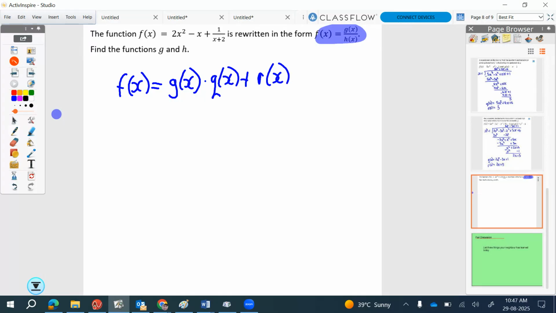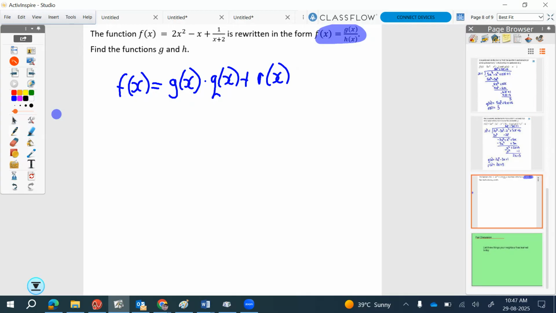This was our formula. Now this formula doesn't look like this expression up here. Why not? Well, we've got something in the denominator here, haven't we? And even the left-hand side is an f of x, whereas there it's going to be g of x over h of x.